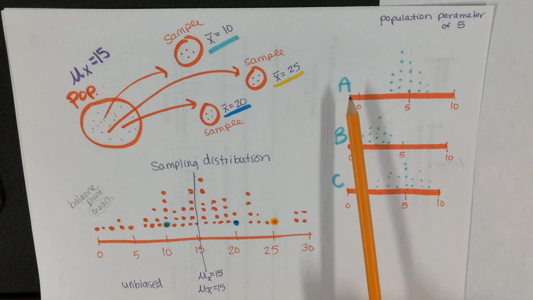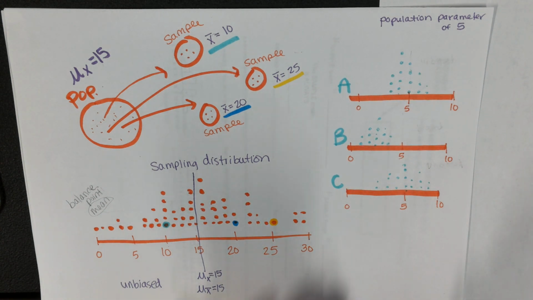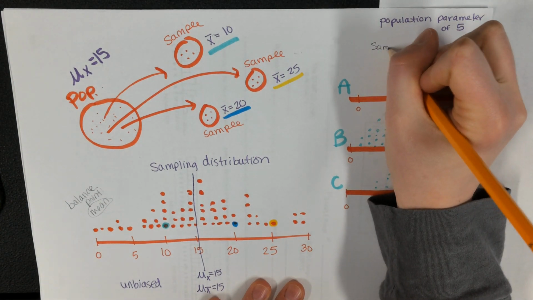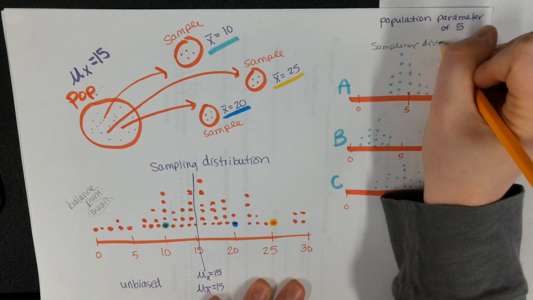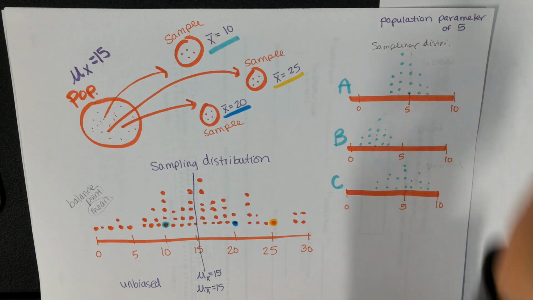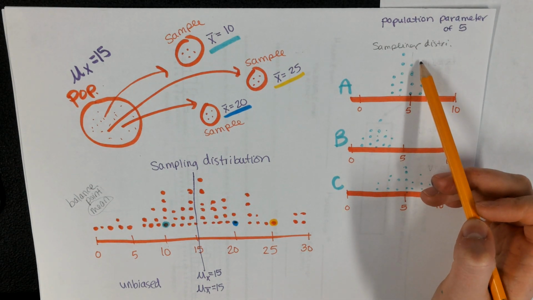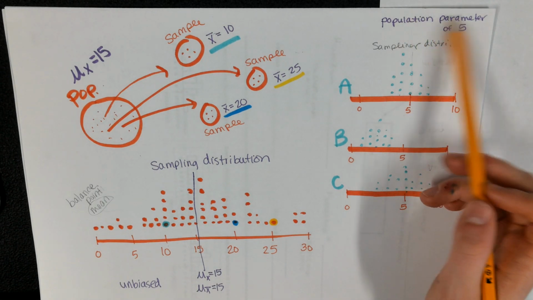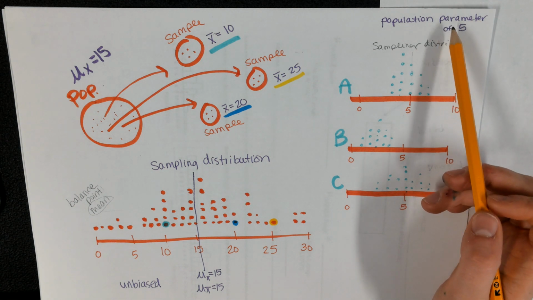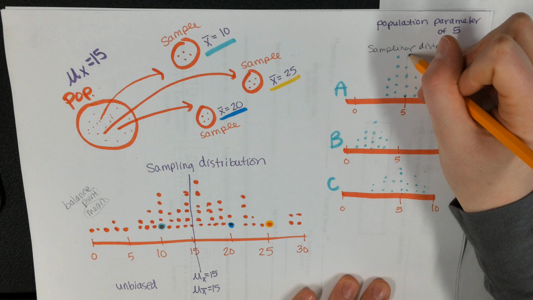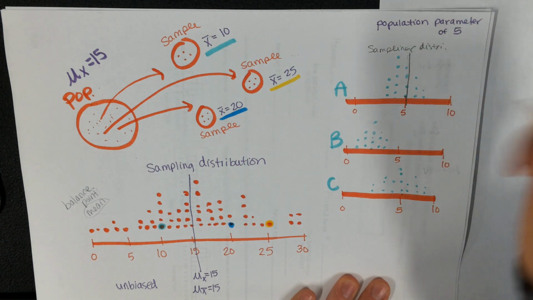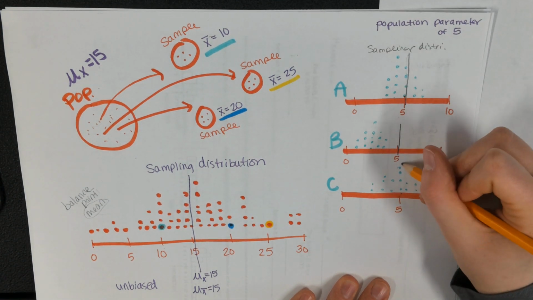So here are 3 different sampling distributions. Okay, and so what happens here is they tell me that the population parameter of whatever I'm talking about is 5. So my population thing is somewhere here. My population thing is at 5, and this one is at 5.